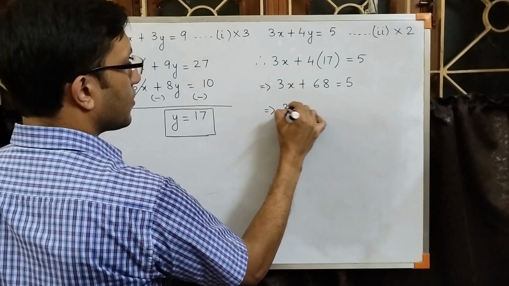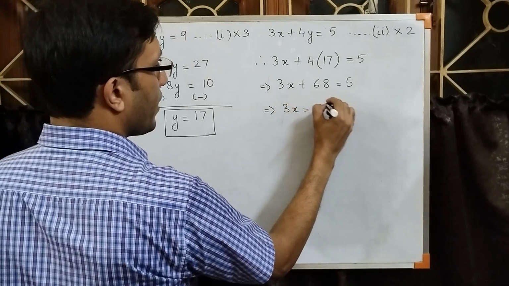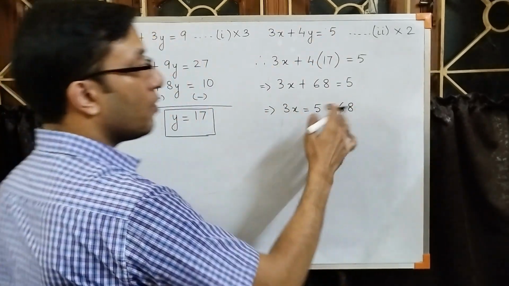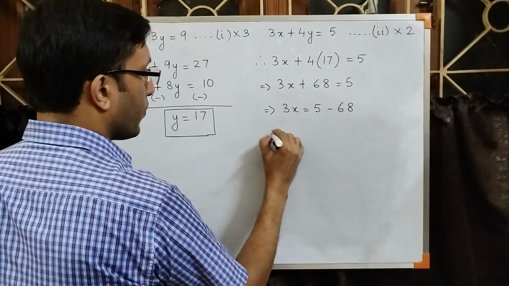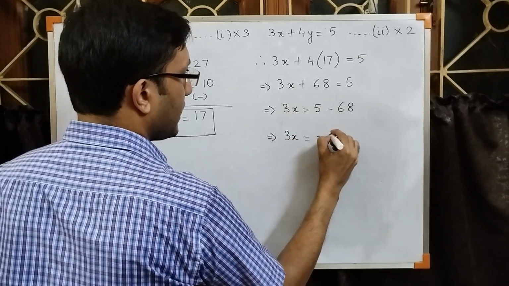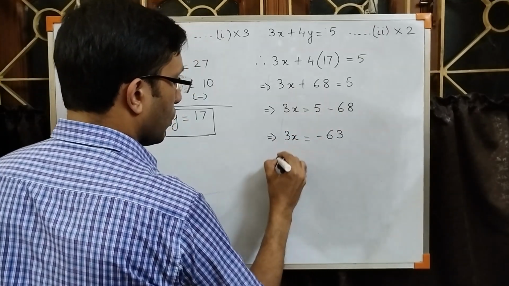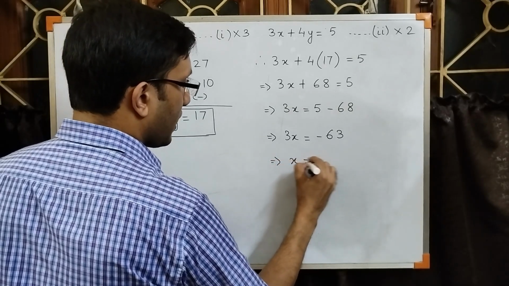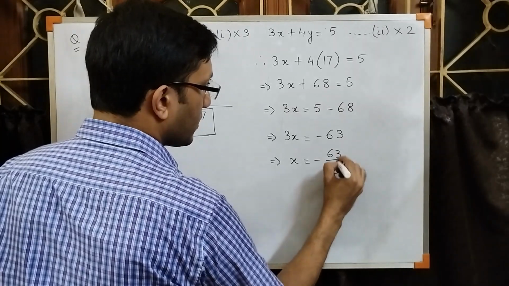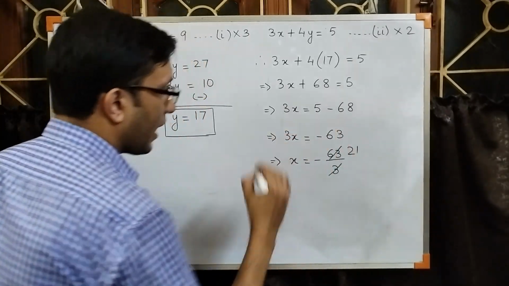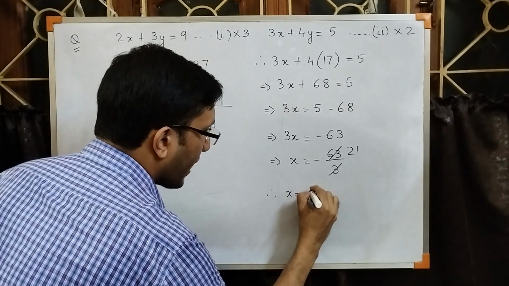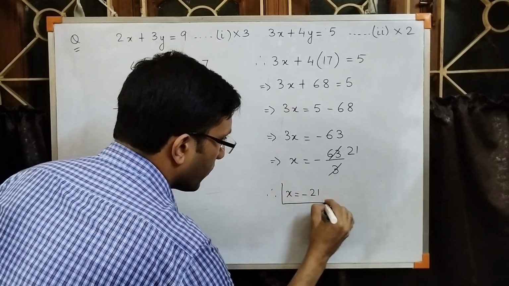So 3x is equal to 5 minus 68, because plus 68 goes to the right, becomes minus 68. So 3x is equal to minus 63. So 3 comes to the denominator on the right hand side and divides 63 21 times. So therefore the final value of x is minus 21.